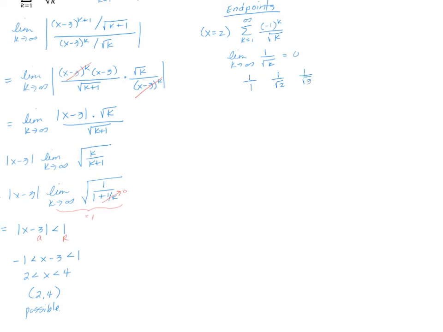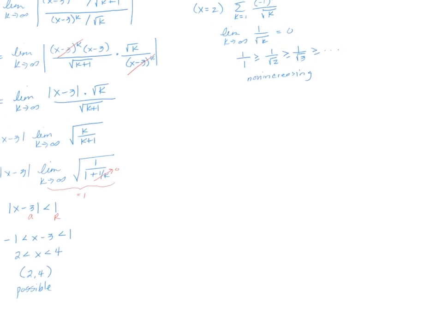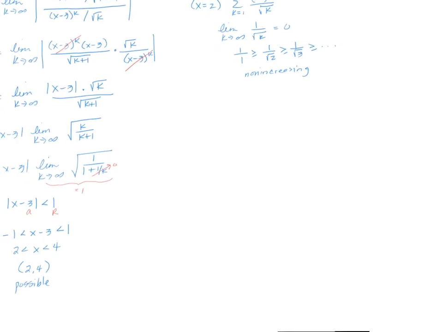So notice that as my k values get larger and larger, the whole expression, 1 over the square root of k, is actually getting smaller and smaller. So this is not an increasing series, so it's non-increasing, which means it converges by the alternating series test. So I'm just going to put alt series.